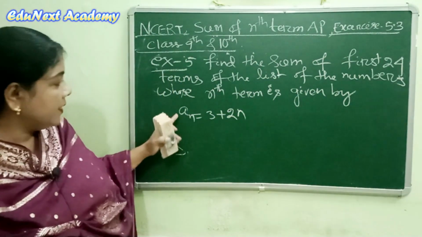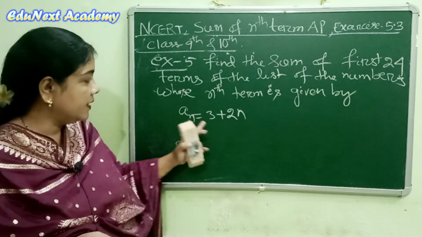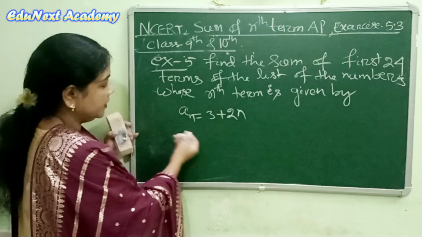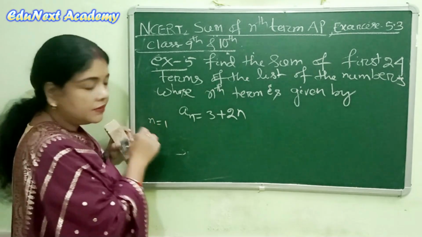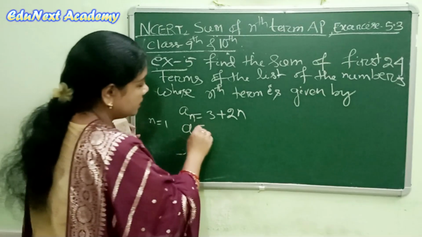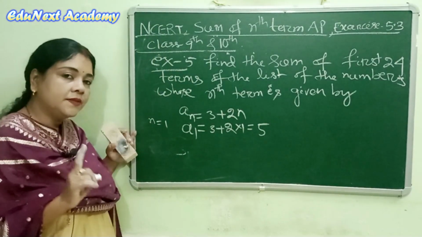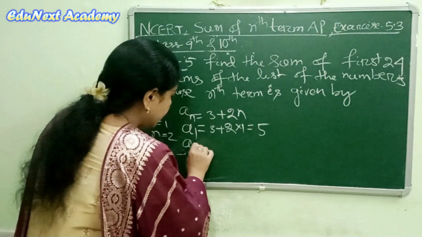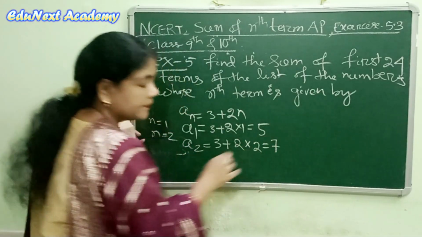Here the term is given: an is equal to 3 plus 2n. Now we have to find the first number. If n is equal to 1, that will obviously be the first number. So in place of n we put 1. So a1 is equal to 3 plus 2 into 1, that is 5. Now the first number is 5. For the second number we put n is equal to 2, so a2 is equal to 3 plus 2 into 2, that is 7.